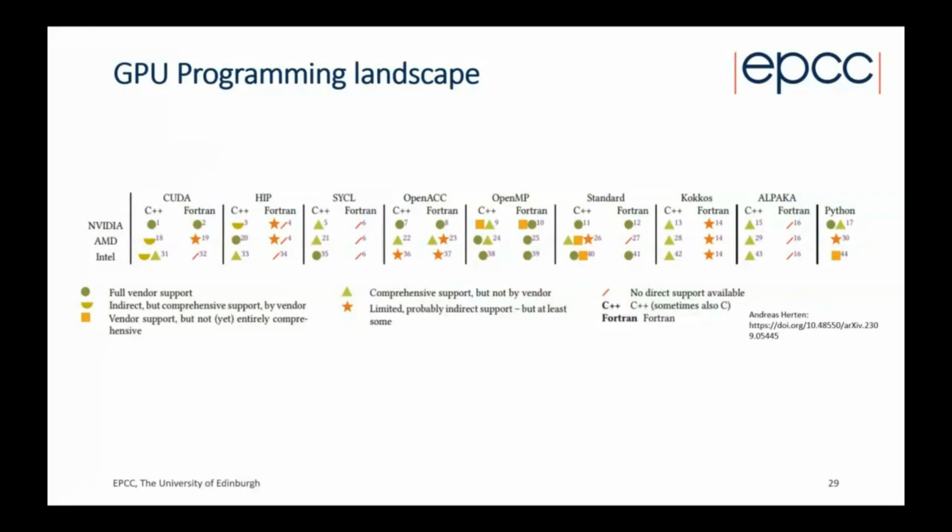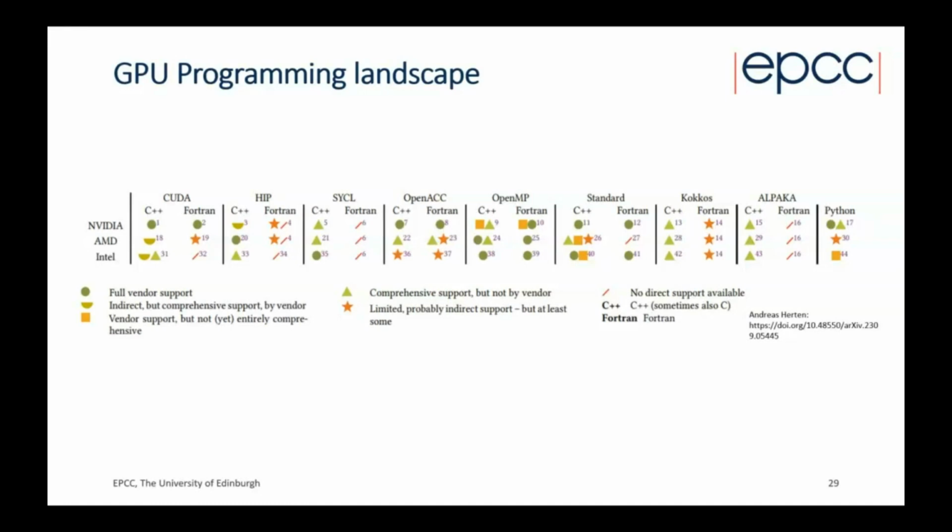Okay, you can then start to talk about portability, what the level of support is for all these different standards on the different hardware, and it's a mixed picture. At no point have we got universal support. There are caveats across the space. Even if you end up in Python land, you're not guaranteed to get support completely across the board.